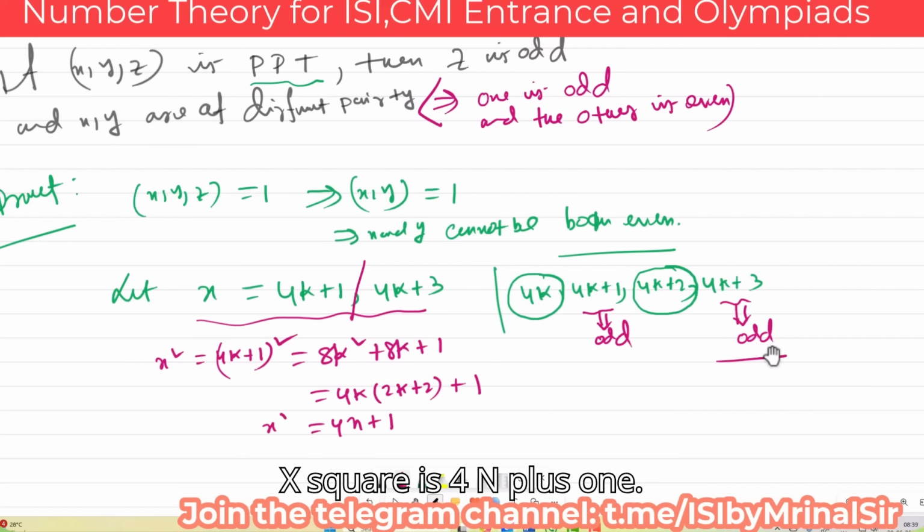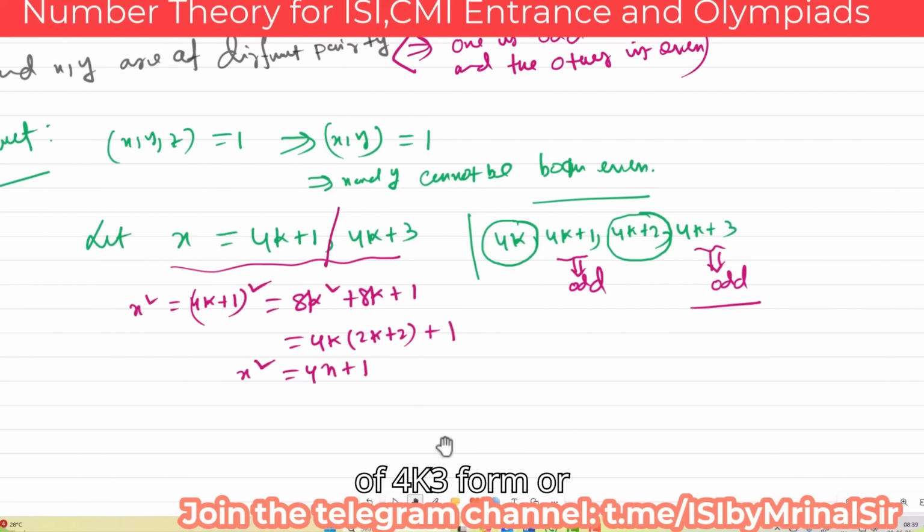So x square is 4n plus 1. Similarly, for 4k plus 3 also, you can show that its square is of the 4n plus 1 form.